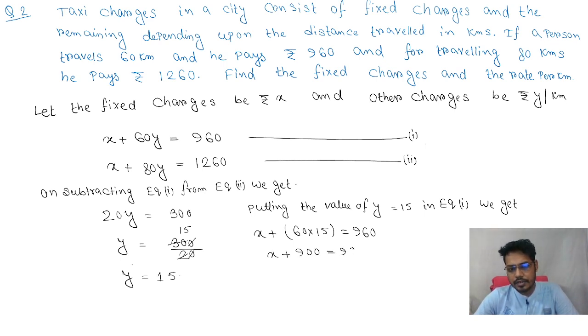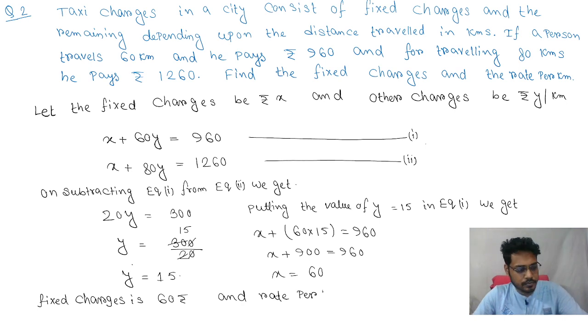So 900, the value of X will be 960 minus 900, it will be 60. So here the fixed charges, we assumed that fixed charges is X, that is 60 rupees, and rate per kilometer is 15 rupees per kilometer.